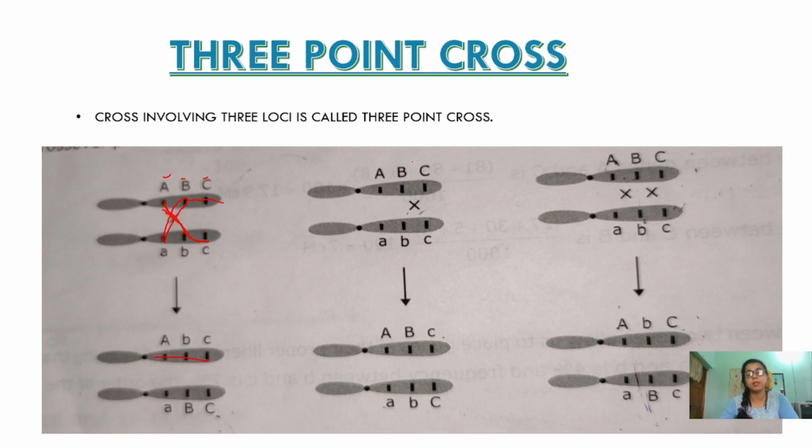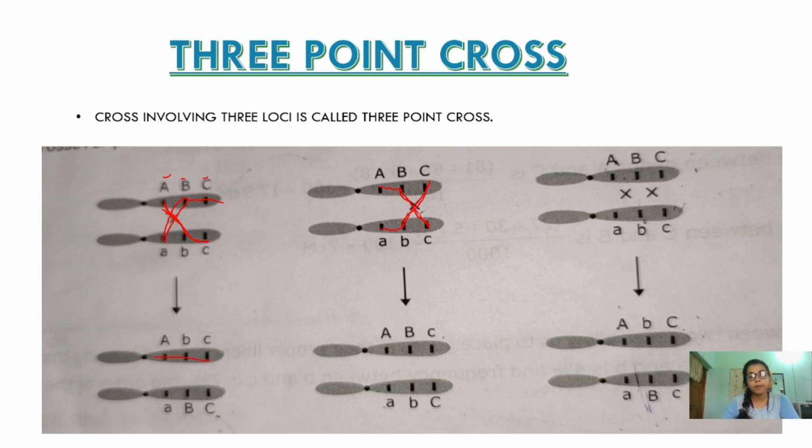If you make the crossover between B and C, this is called single crossover 2. See, from capital B, capital C, okay, crossover, and small b, capital C crossover. This is known as single crossover 2. And what will be the progeny? Capital A, capital B, and here small c will be placed. Similarly, here also small a, small b, and here capital C is placed.